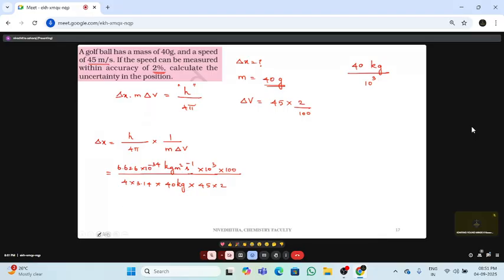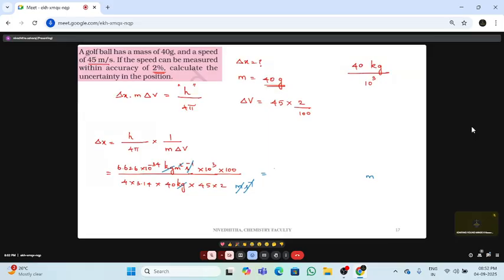That's it. So what are all the common units? Kilogram will get cancelled. What else, Kanna? Meter per second. Delta V will be in meter per second, right? Here 1 second inverse and 1 second inverse will get cancelled, and 1 meter and 1 meter will get cancelled. That's it. Answer will be in meter.